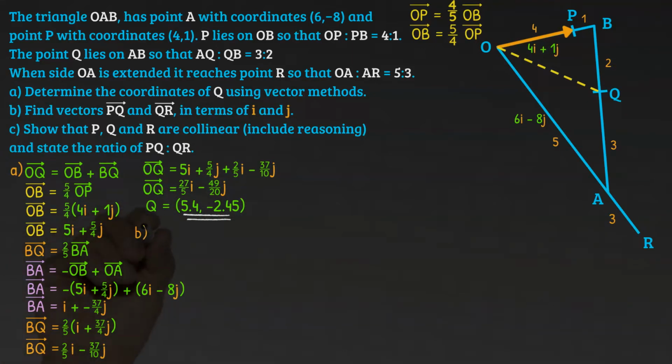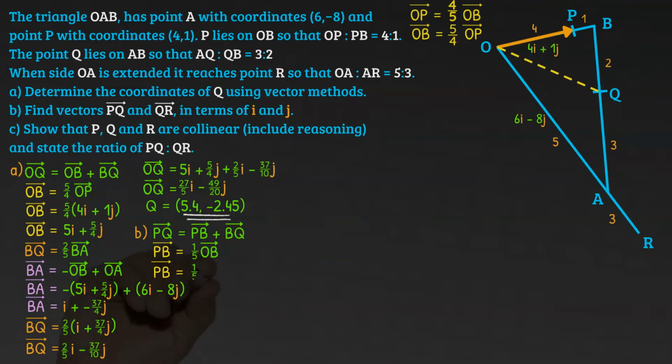For part B, we want to find the vectors PQ and QR. So starting with PQ, you can see that that's going to be equal to PB plus BQ. However, we don't yet have PB, but as we discussed earlier, OP is 4/5 of OB and PB is 1/5 of OB.